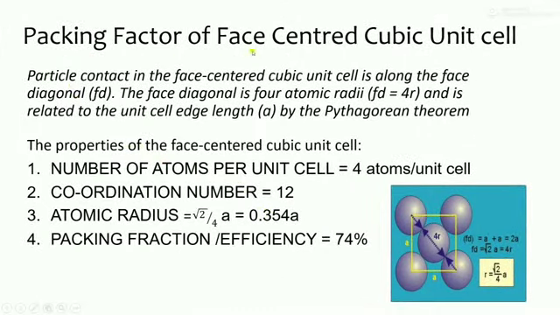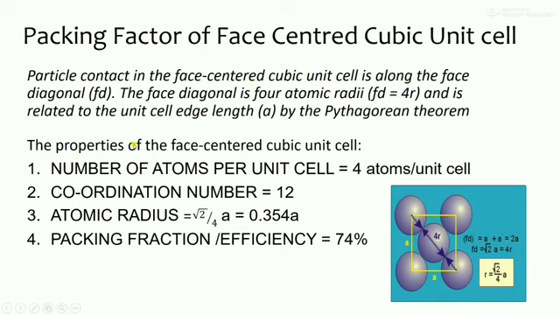And finally, we'll see the packing factor of face-centered cubic unit cell. Particles contact in the face-centered cubic unit cell along the face diagonal FD. The face diagonal is 4 atomic radii, which is FD equals 4R, and is related to the unit cell edge length a by the Pythagoras theorem.